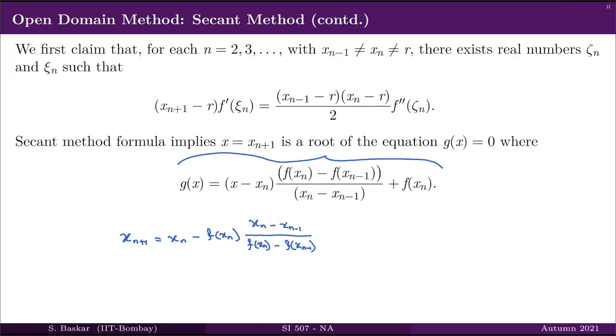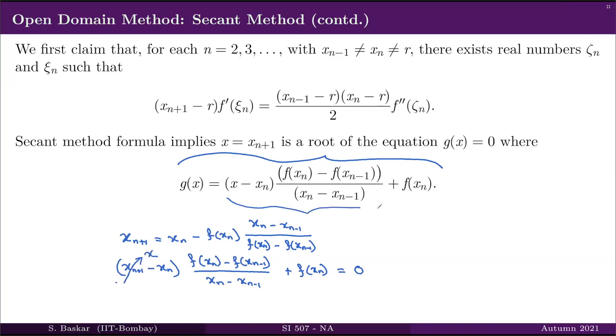From here, we can do a simple manipulation to get the expression x_{n+1} minus x_n into [f(x_n) minus f(x_{n-1})] divided by [x_n minus x_{n-1}], and then plus f(x_n) is equal to 0, because we have taken all the terms on the right hand side to the left hand side. And now you see, I'm just replacing this by x. That is how I got the definition of g.